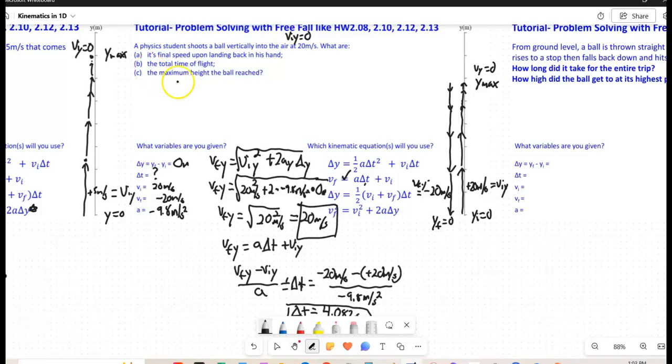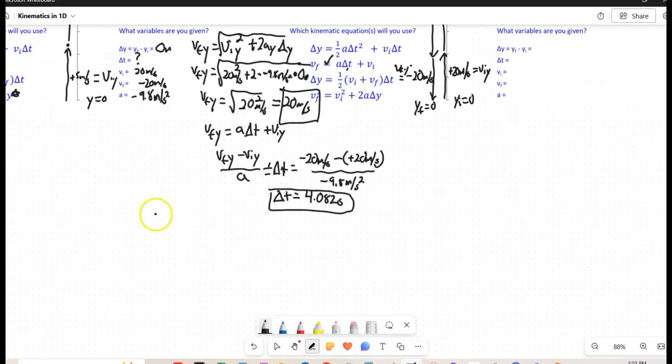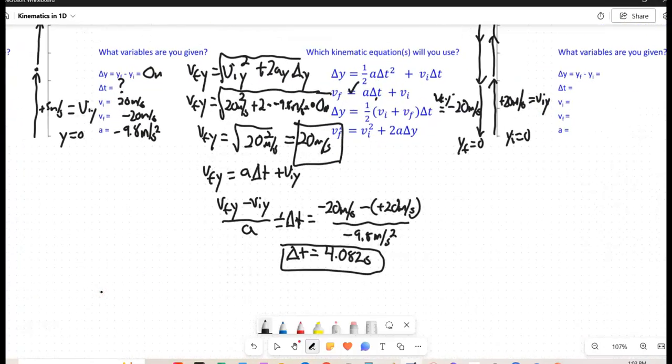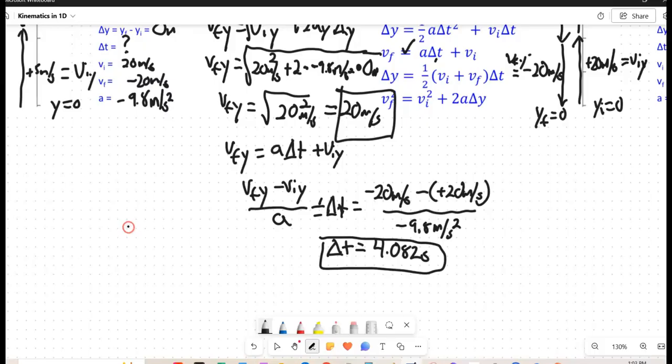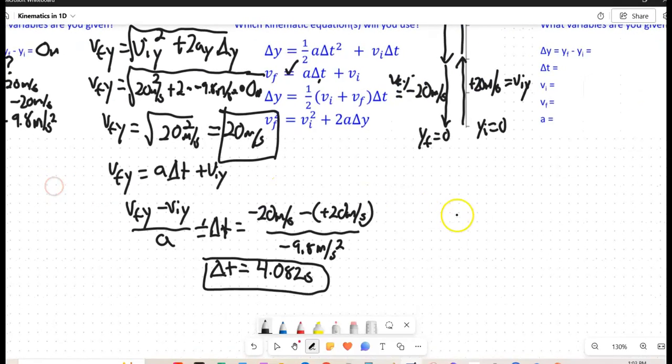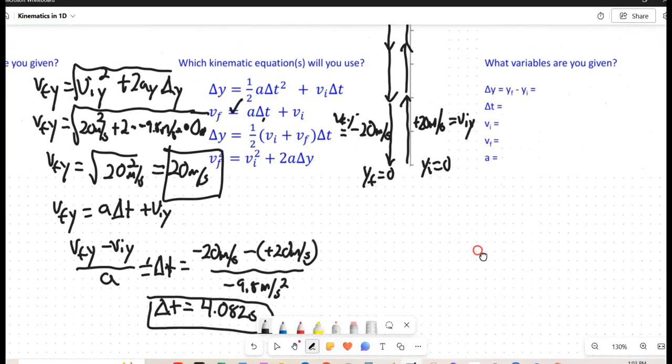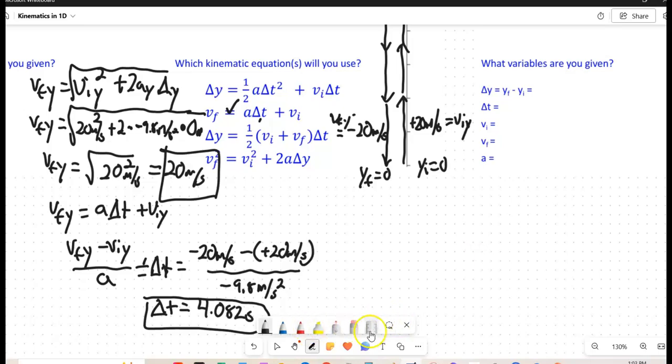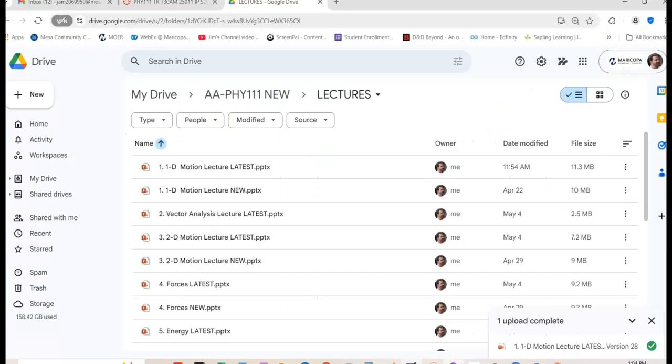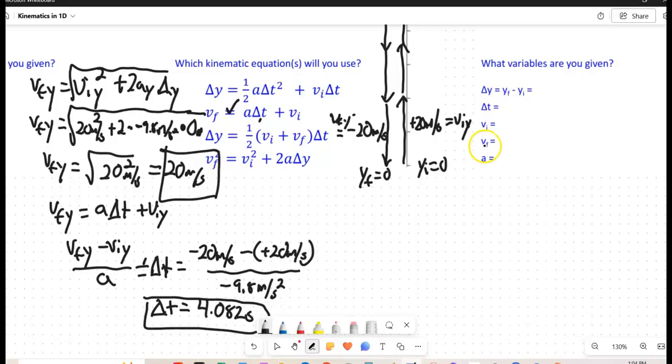And the last question, what is the maximum height that the ball has reached? Okay, well, if we want to find out its maximum height, we do have to set up another set of variables.